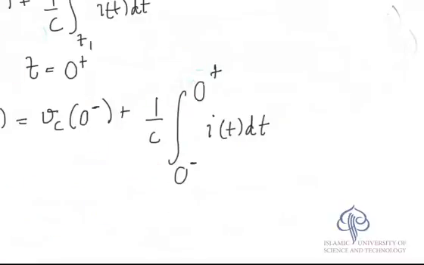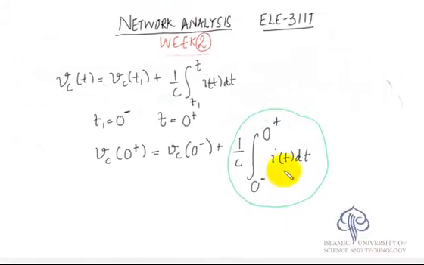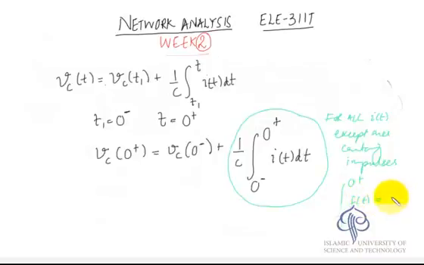So this integral is the integral of all the currents that have been applied in this time 0 minus to 0 plus, and it is 0 for all i(t) except ones containing impulses, because we know that the integral of the impulse function delta(t) dt is 1 from 0 minus to 0 plus, or from minus infinity to infinity, because it exists only at 0.